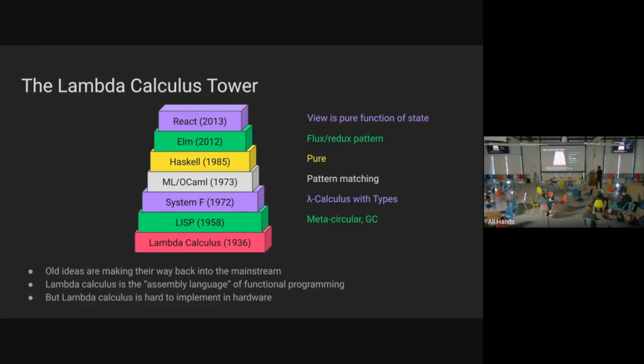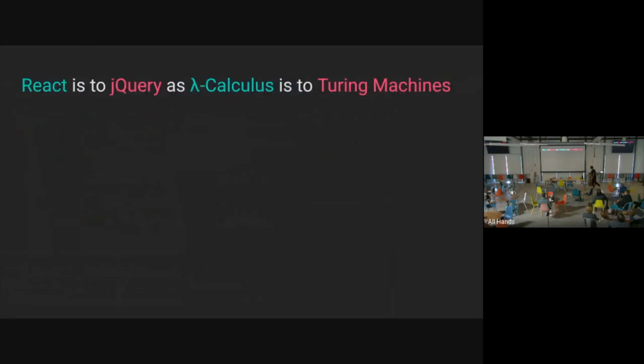All right, so the final concession that I'll make is that Lambda Calculus is really hard to implement in hardware, whereas the Turing Machine von Neumann model is obviously very easy to implement in hardware. Okay, final slide. React is to jQuery as Lambda Calculus is to the Turing Machine.